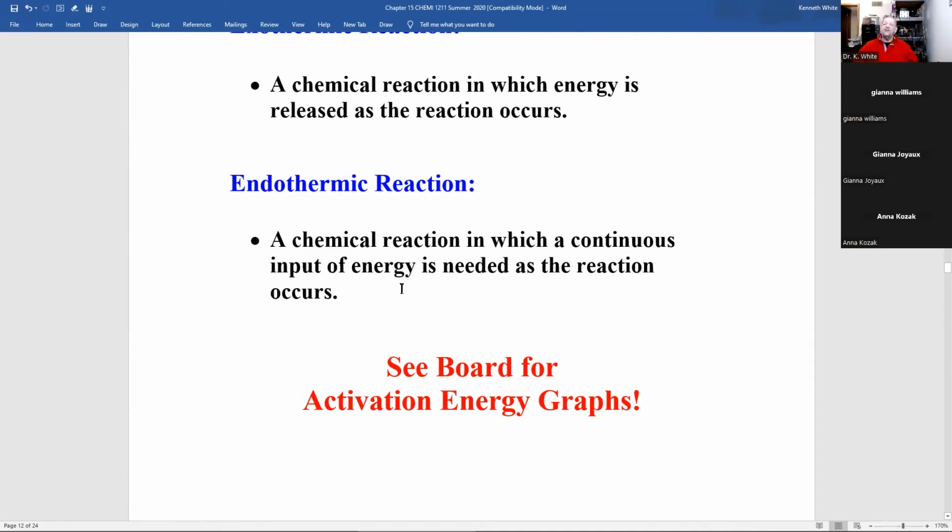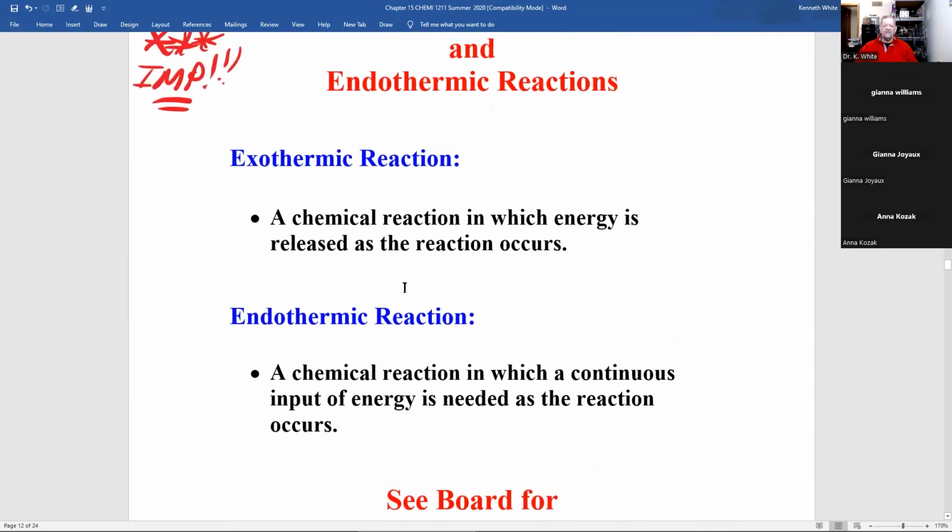Endothermic means you have to add energy to make a reaction occur. So we have two types of reaction. Exothermic gives off energy as the reaction occurs. Endothermic, just like our endoskeleton inside our body, takes in energy for a reaction to go.